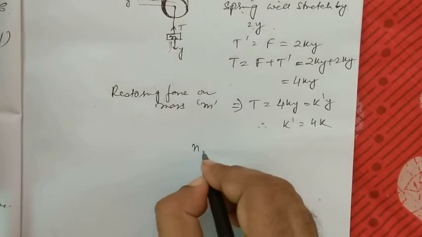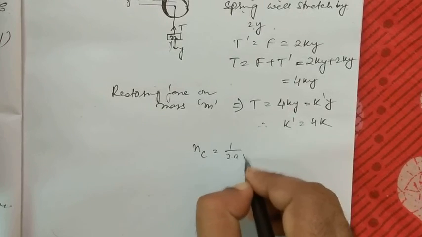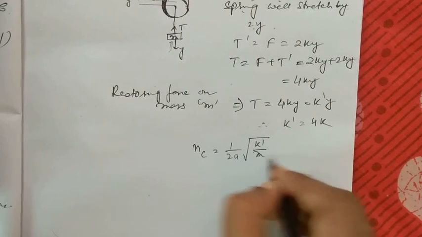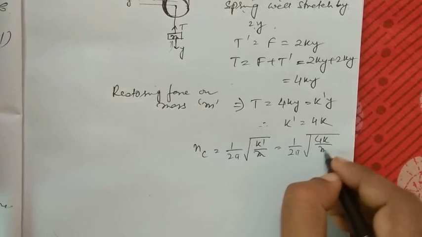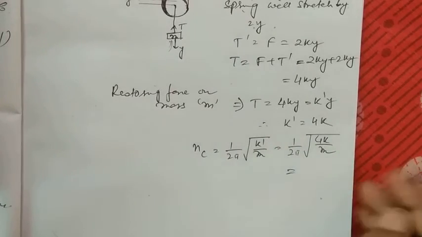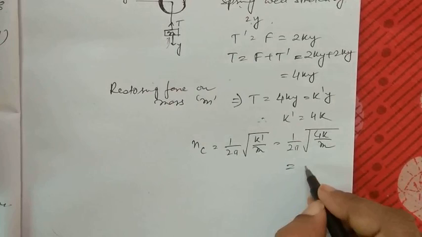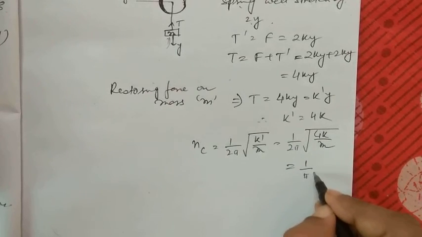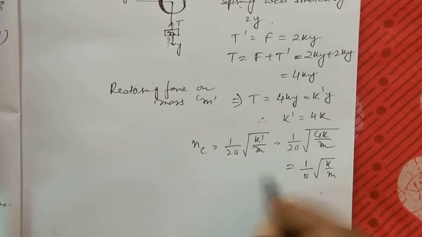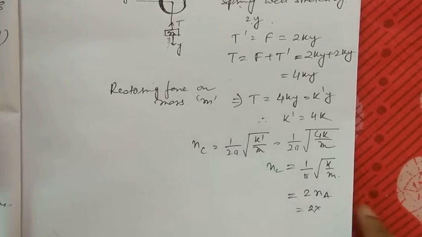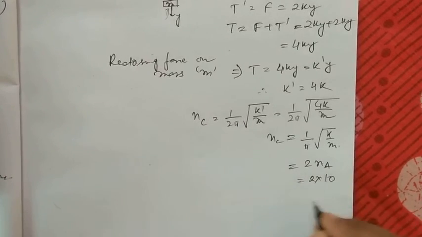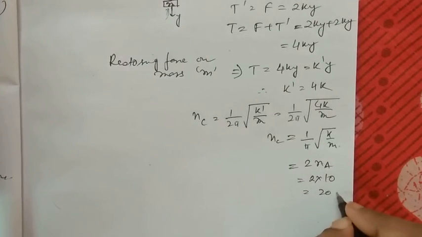So frequency C is equal to 1 by 2 pi root over k dash by m, which is 1 by 2 pi root over 4k by m. Taking the square root of 4 outside, that is 2, and 2 and 2 get cancelled. So 1 by pi root over k by m. NC is equal to, in this form, 2NA. That means 2 into 10, NA was 10, so 20 hertz.